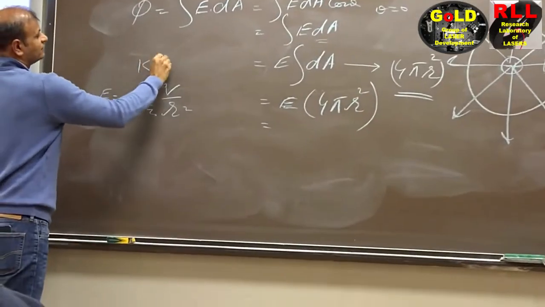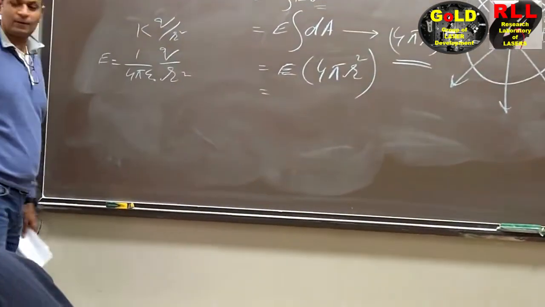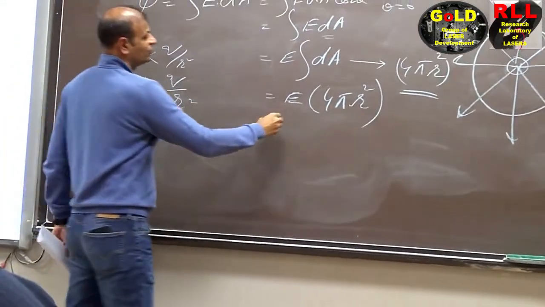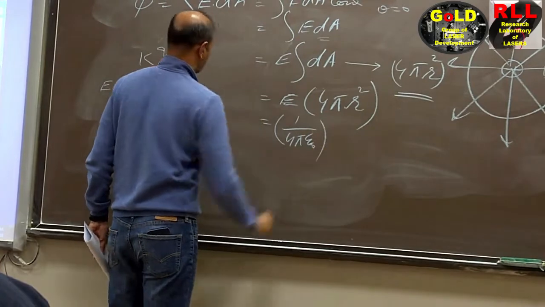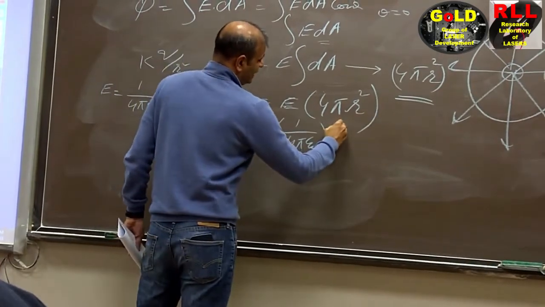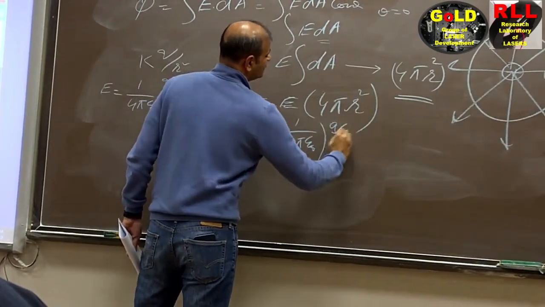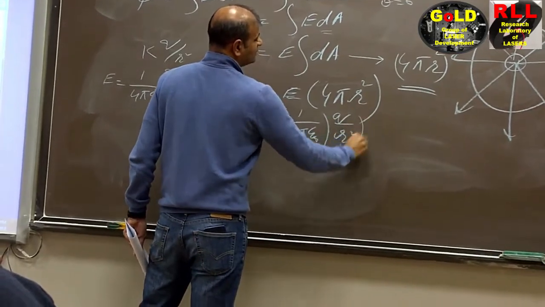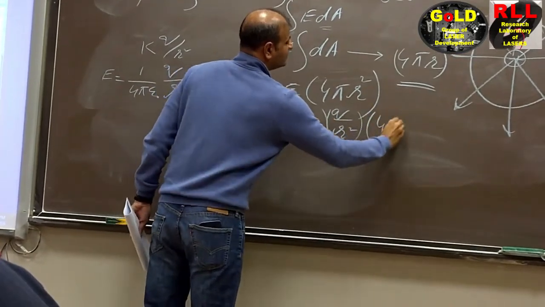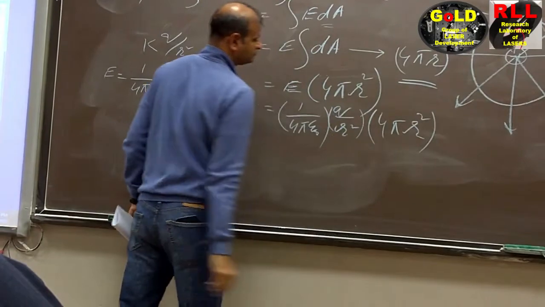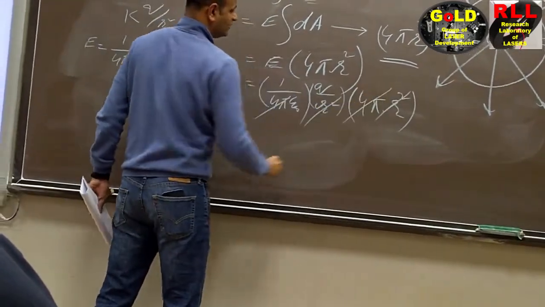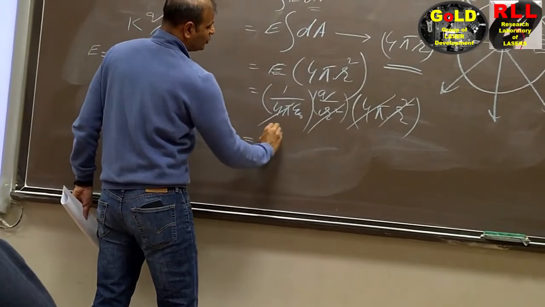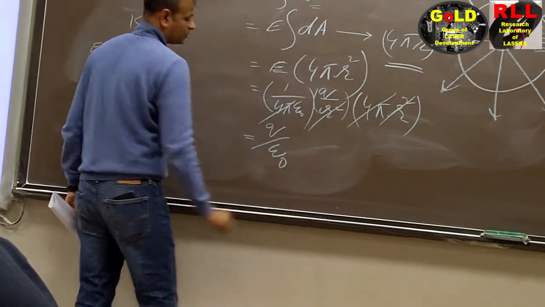This is like this. Yes. Okay? So we substitute this value here. 1 over 4 pi epsilon naught and Q over R square, and you have 4 pi R square. So this thing will become cancel here and this thing will be cancelled here. So what we get? Q over epsilon.